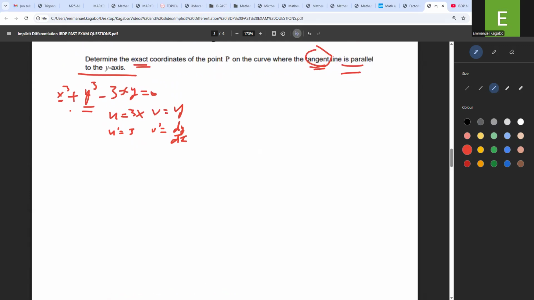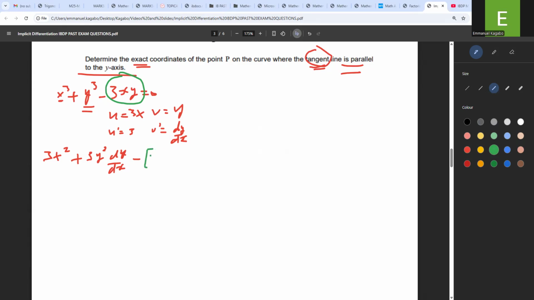Good. So the derivative of x to the power 3 is 3x squared, plus 3y squared dy over dx. Do you agree with me, guys? Good. Minus the derivative of this. I'll put a bracket because of the minus.